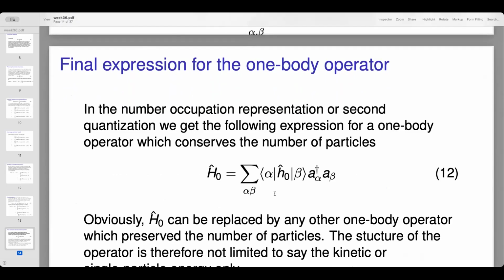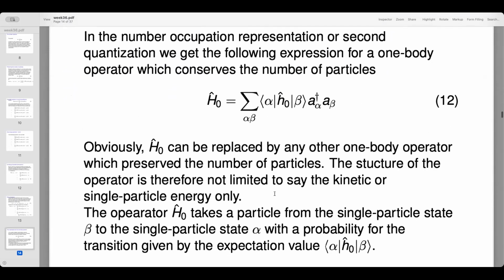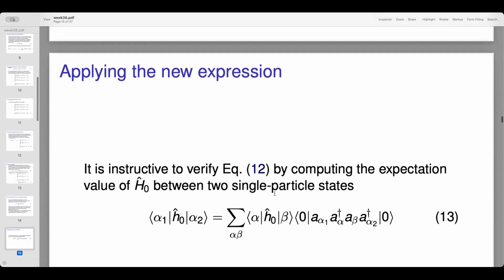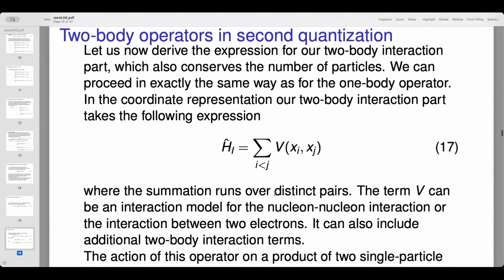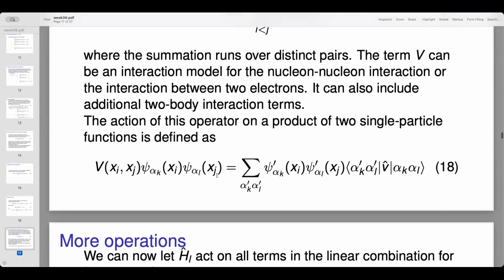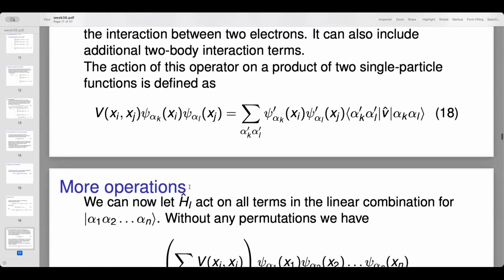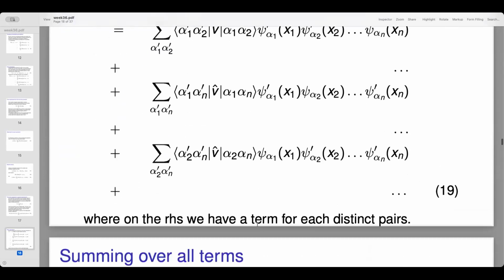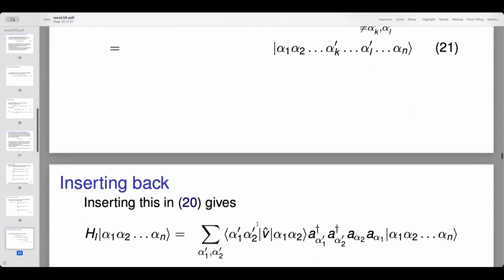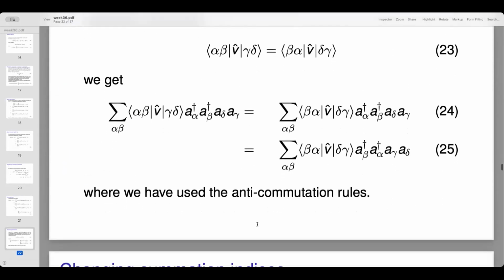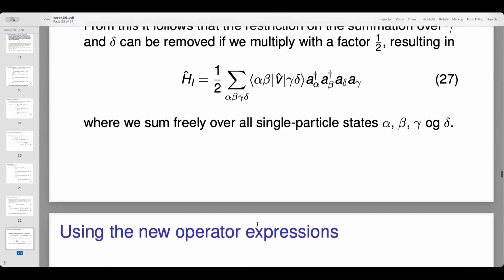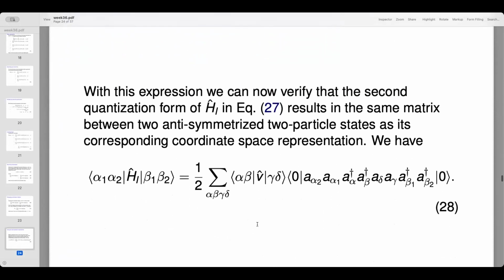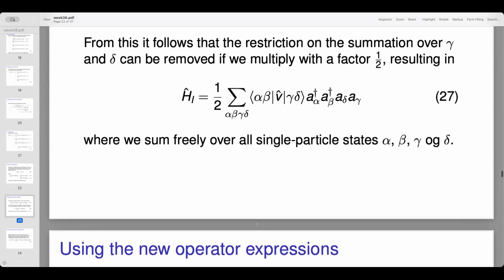And then you can repeat this for a two-body operator. For the two-body operator, you would simply rewrite this in terms of a spectral decomposition where you act on a two-body state. Then you can take the full Slater determinants and perform all the manipulations. When you've gone through that, you end up with the final expression for the two-body operator, which looks like the one which you have here.